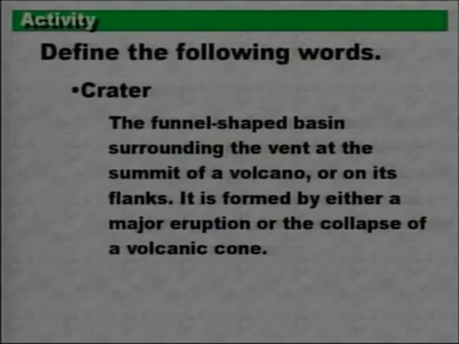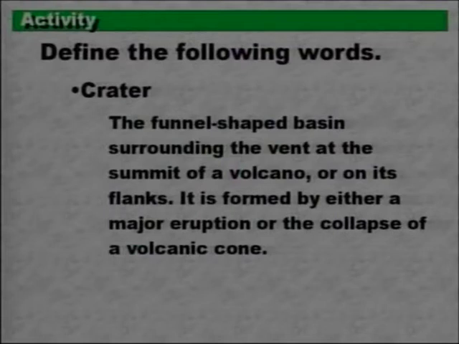Note, it is supposed to be the funnel-shaped basin surrounding the vent at the summit of a volcano or on its flanks or the side, because sometimes you can have subsidiary conelets which might also have a funnel-shaped basin.